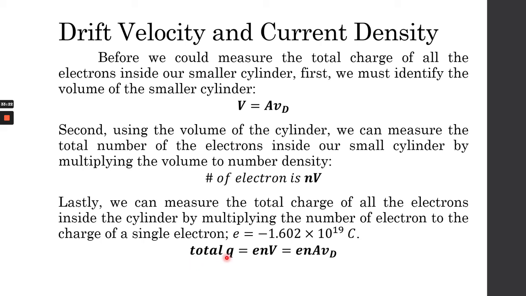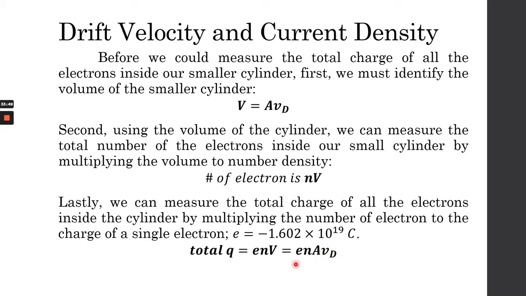So the total charge is equal to e n V, or the charge of a single electron multiplied by the number density, or number of electrons per cubic meter, multiplied by the cross-sectional area of the wire or conductor, multiplied by the drift velocity of the electron.